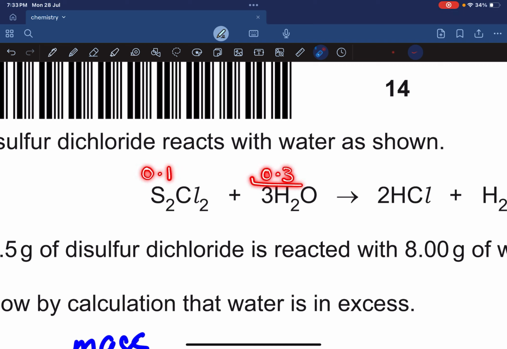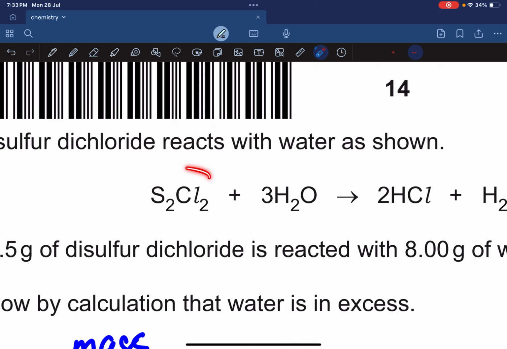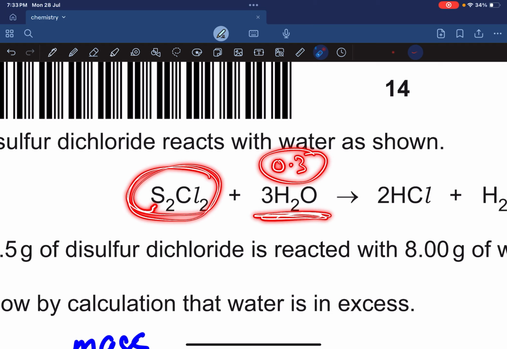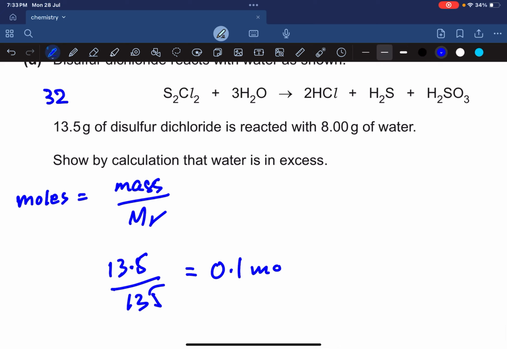Now, let's check which one is in excess, because I need 0.3 moles of this thing. If I have fewer moles than 0.3, then that means this is in excess, and if I have more than 0.3, that means this is in excess, because I need exactly 0.3 of water. Let's find the moles of water. The mass of water is 8 grams and Mr of water is 18.